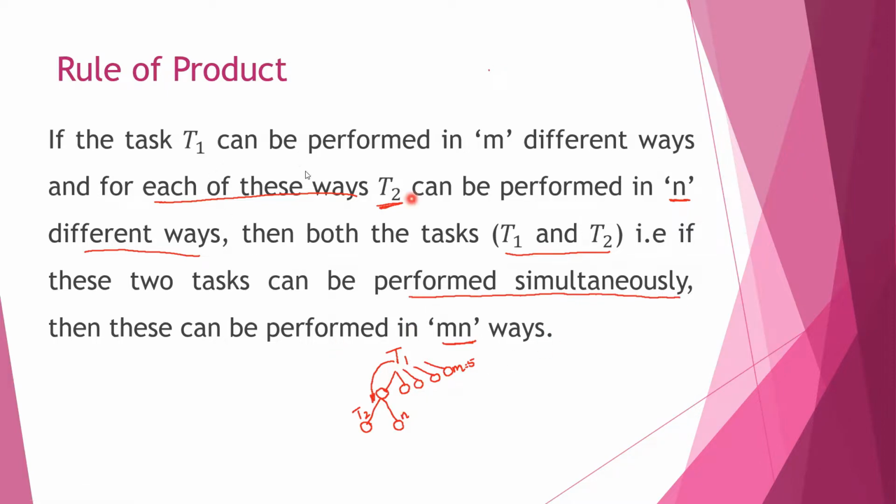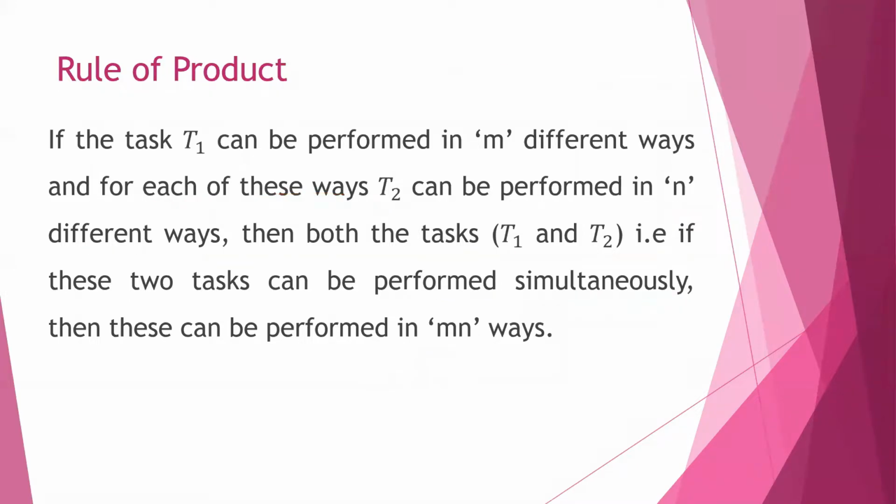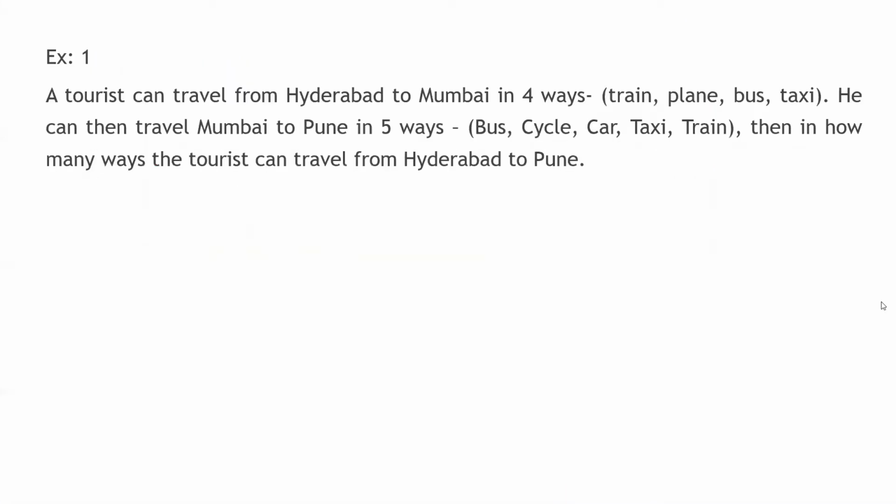This is what rule of product means. One task is dependent on the other task. Let us try to understand by means of an example. Read the statement carefully and then apply either rule of sum or rule of product.